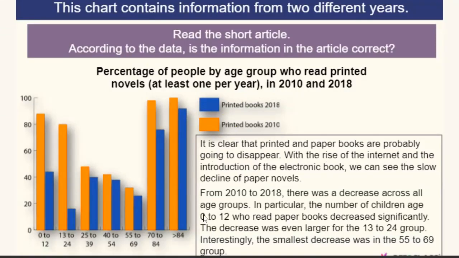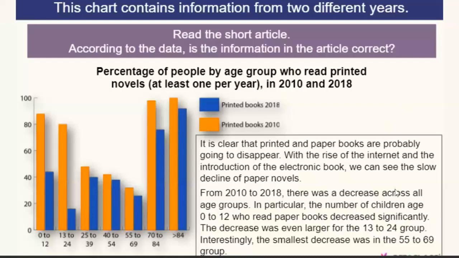Now, after that, the writer just wants to be more specific. So this is an argumentative type of writing. You go general and then you specify, you give more details and more examples. So you use the linking word in particular to be specific. The number of children aged 0 to 12 who read paper books decreased significantly.